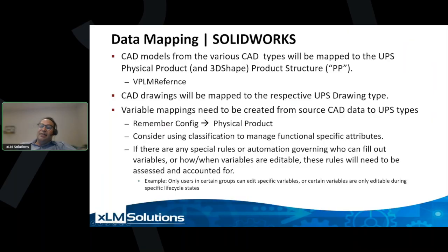Going back to SOLIDWORKS PDM, I'll be using that a lot as an example, you could have two different folders, an engineering folder and a manufacturing folder, and the data card for the SOLIDWORKS data could have different attributes on it. So one way to handle that in 3D Experience would be to create an engineering classification and a manufacturing classification, and then if you assign the part to one of those classifications, you can then get those specific attributes.